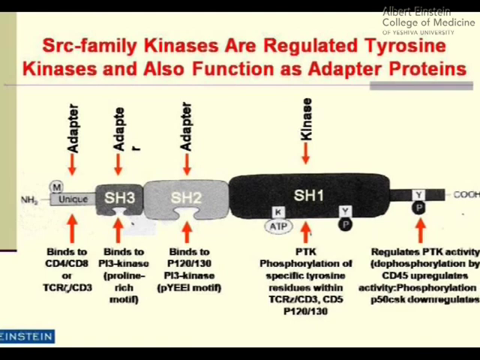The first thing to realize is that all of these have this unique region right here, and this unique region provides specificity in terms of what membrane protein these will bind to. As I said before, if you have a receptor that doesn't have its own kinase domain, it has to recruit a kinase to be bound to it. This domain provides the ability of the Src homology kinase to bind to a particular protein.